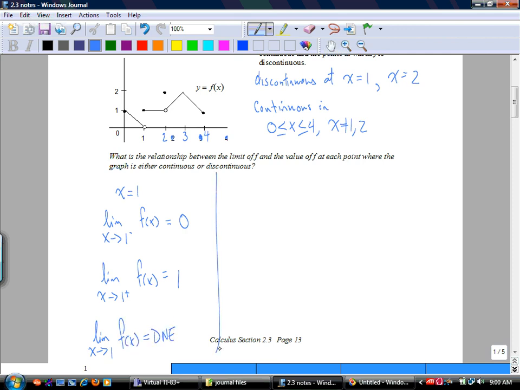Okay, tell me about the point x equals 2. The limit as x approaches 2 from the left, the limit as x approaches 2 from the right, the limit as x approaches 2, and then tell me what f of 2 is.